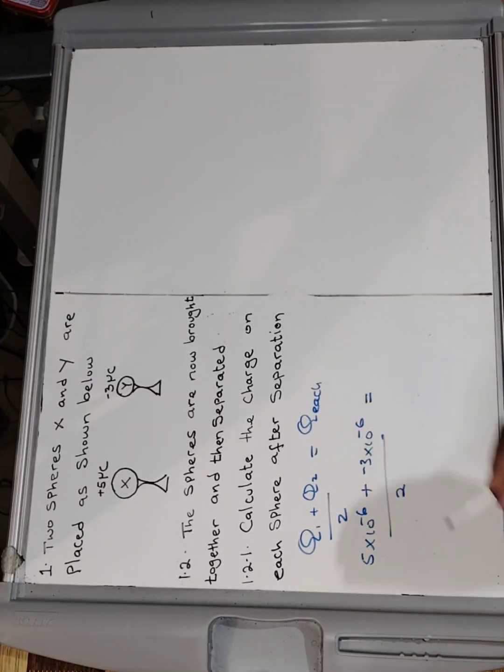What you get there will be the charge on each sphere. Here you have to take note that you have to substitute in the sign of the charges. So that is the charge on each sphere after the two spheres have touched and then separated. Then we go to the next question.